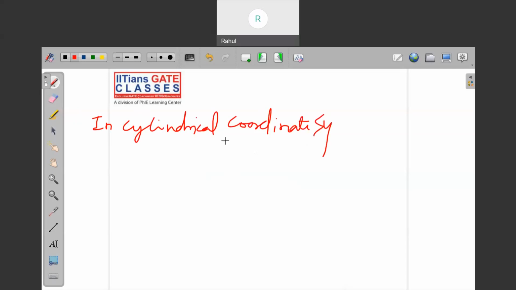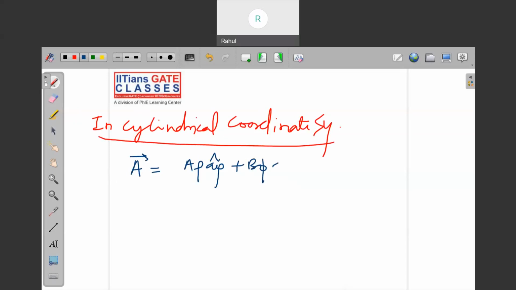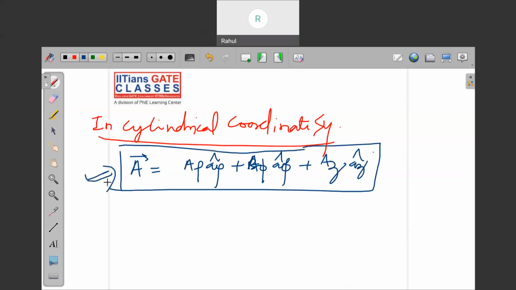A vector can be written as A rho in the direction a rho cap, plus A phi in the direction a phi cap, plus A z in the direction a z cap. So any vector can be represented like this in the three-dimensional coordinate system. This is the rho component, this is the phi component, this is the z component.